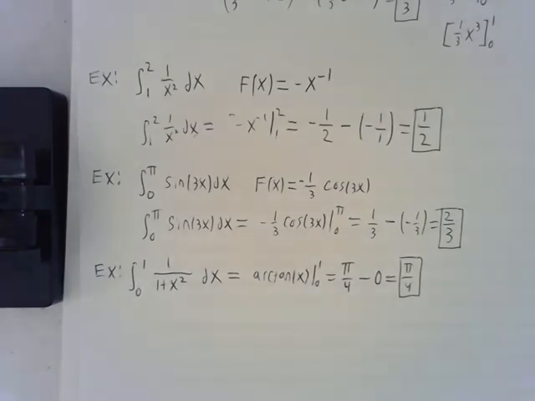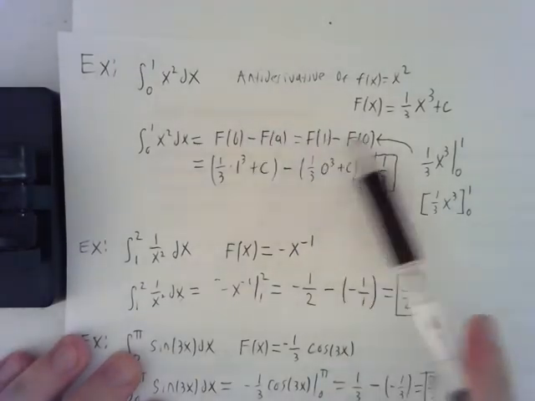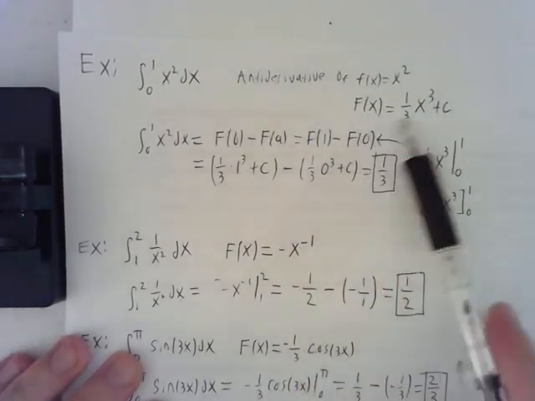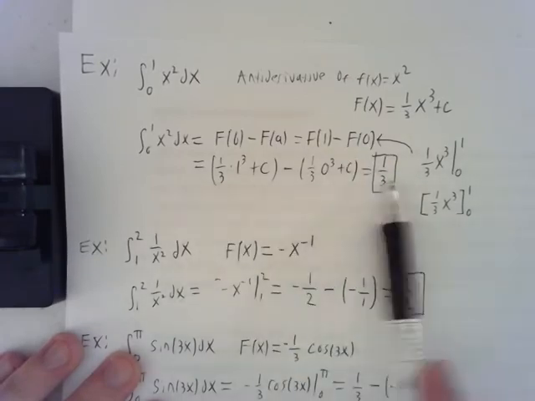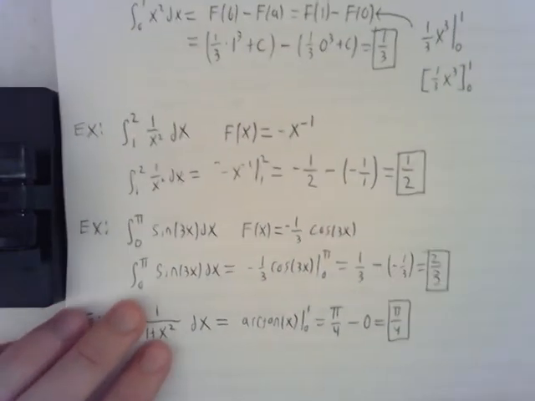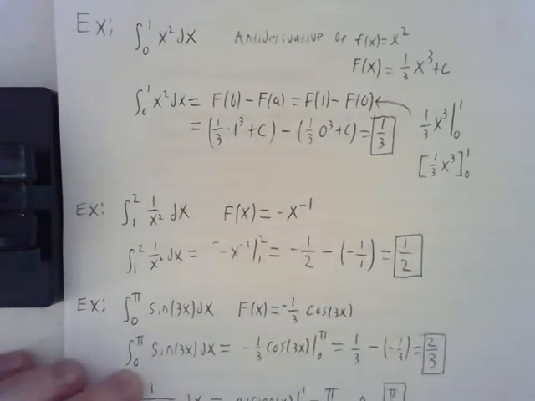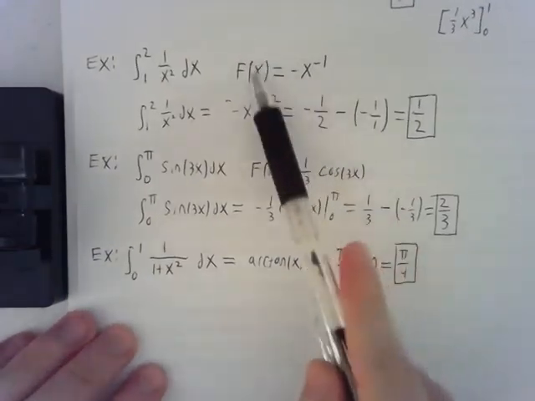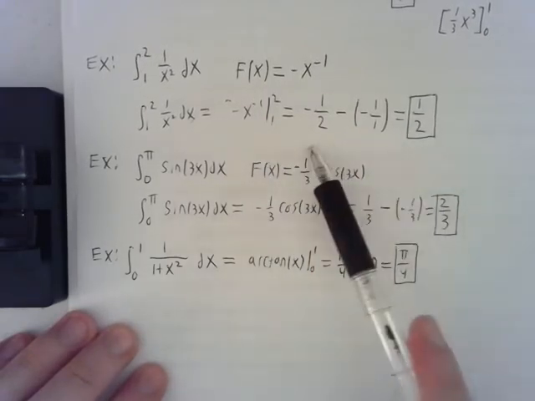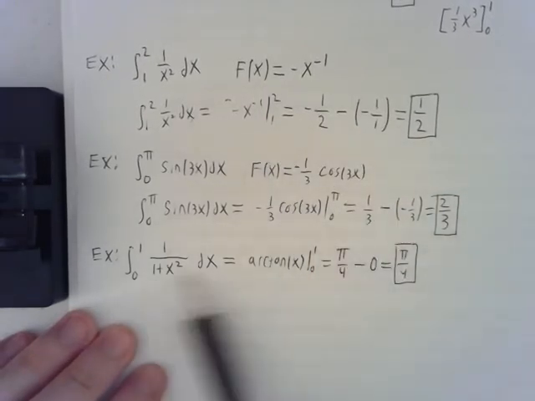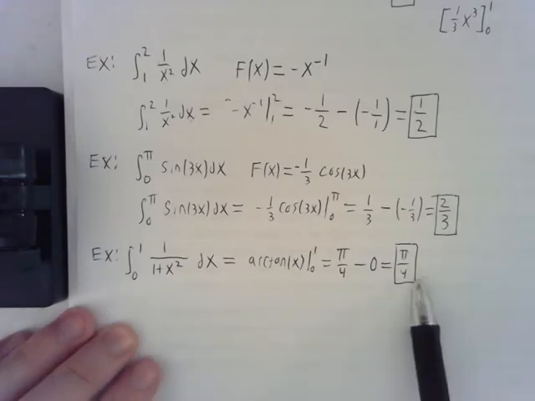And so I'd like to point out, in the earlier examples, I sort of wrote out more detail, right? So I wrote out what the antiderivative was, then I wrote out f of this minus f of that, and then wrote out a lot of steps. That was because it was the first example we were looking at. Then in these examples, I wrote the antiderivative, then used this shorthand notation and wrote a bit fewer steps. And now in this last example, I barely wrote any steps.